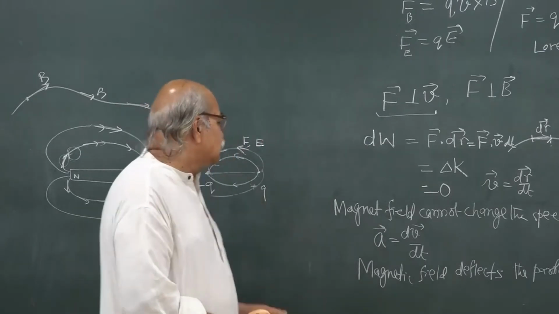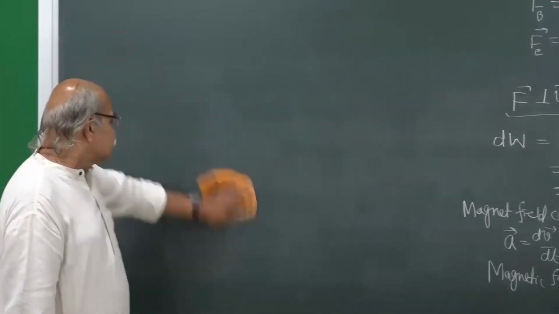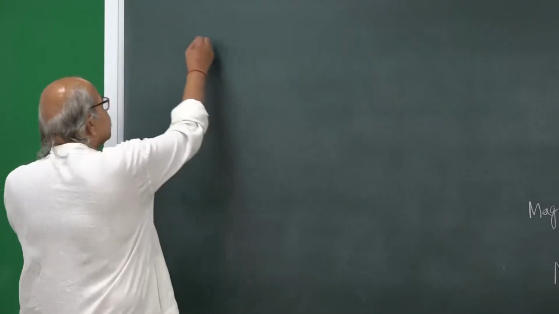Now, units, let me talk of units and then we will stop. The SI unit of magnetic field is called Tesla.